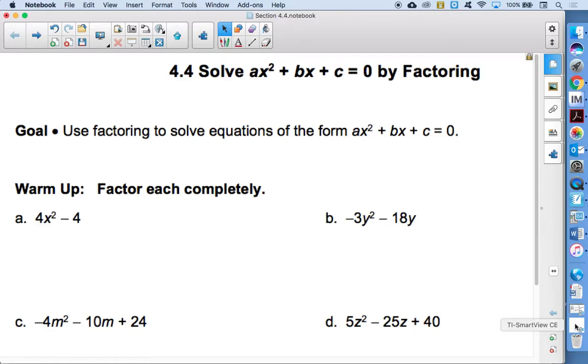When you're done, if you can turn in your packet to page 19 and start the couple of warm-up problems.